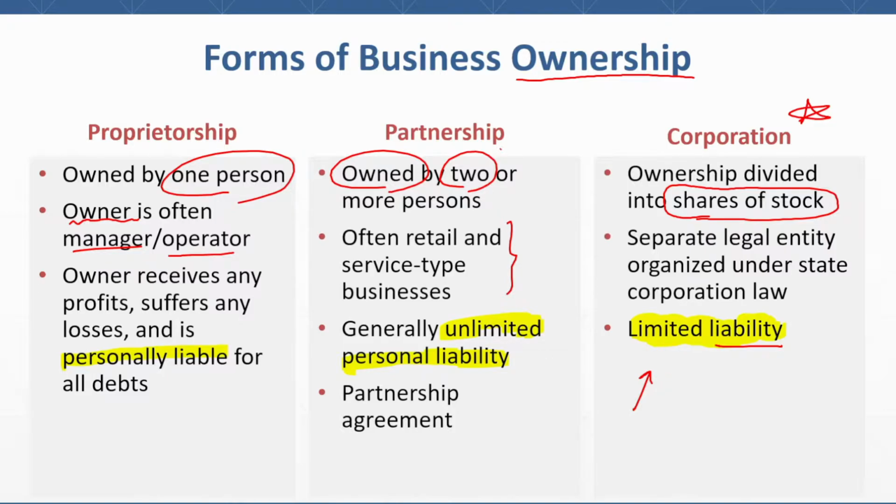But if we have a partnership firm and we go bankrupt, then lenders can come after our own personal properties. They can come and sell our house, sell our car. They can have access to our bank accounts. We have basically unlimited responsibility, liability to pay off all our debts.